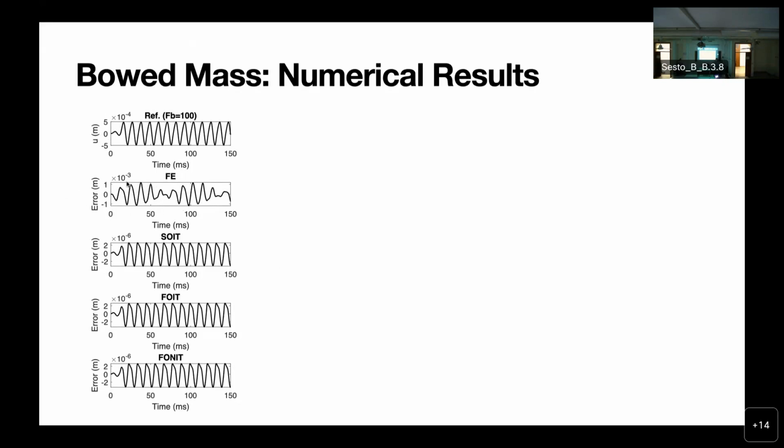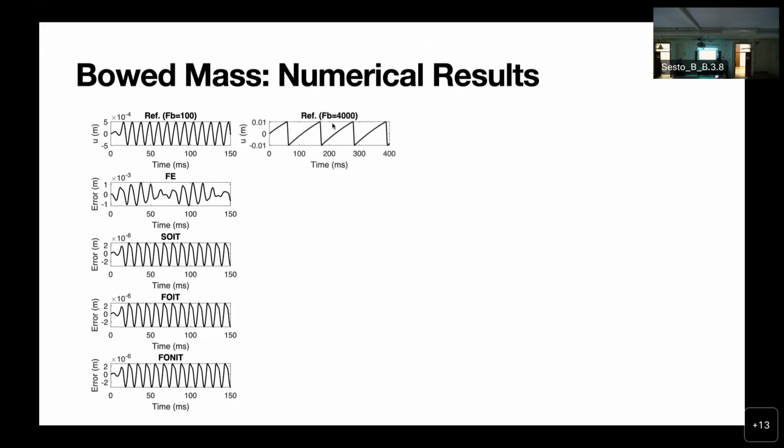So you see that the error of forward Euler is 10 to the minus 3, which is actually larger than the displacement. So it's a pretty big error. But then the errors of the other 3 schemes are pretty much comparable, and they're down to 10 to the minus 6, meaning that the non-iterative scheme that I just derived behaves very solidly and is fully consistent with the error that comes out of the more expensive iterative schemes.